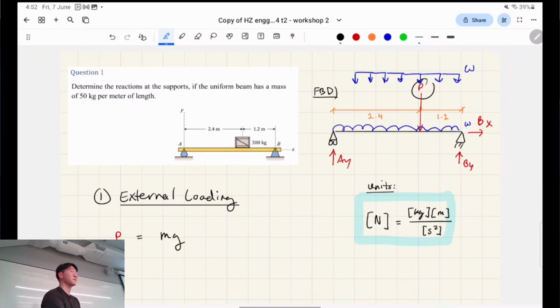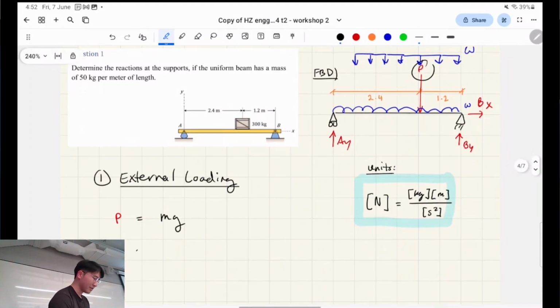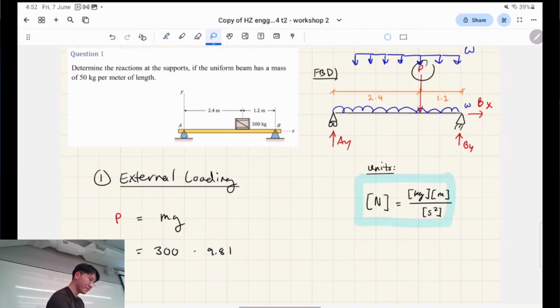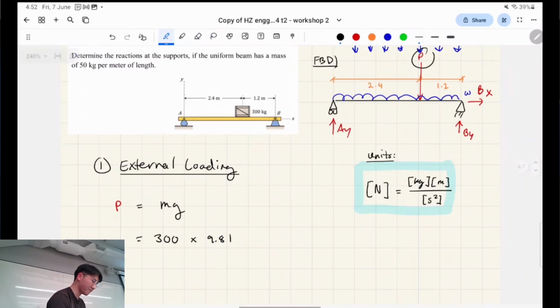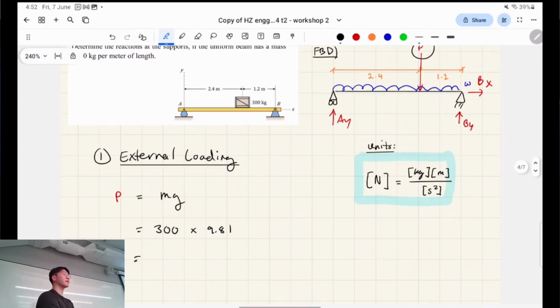Do you remember this formula, mg? The mass is 300 kilograms, and we know the acceleration due to gravity, which in this course will be 9.81, times. I'm not going to write the newtons because I don't want to have to write it out. Basically this force is already acting down, so I'm not going to write negative or anything like that.